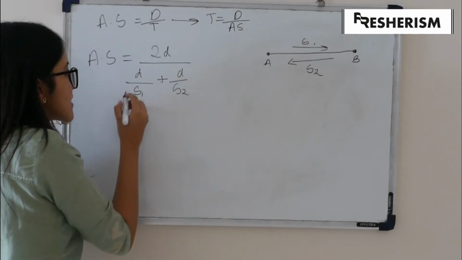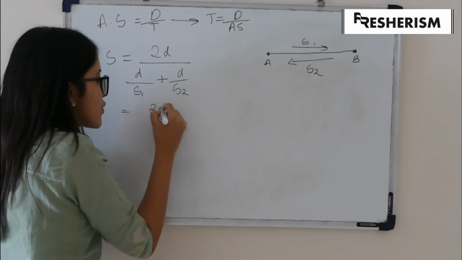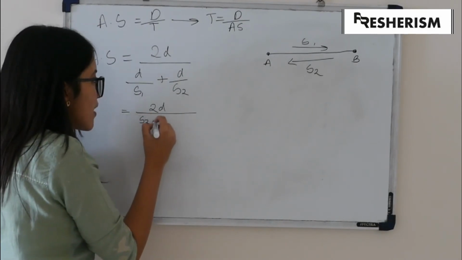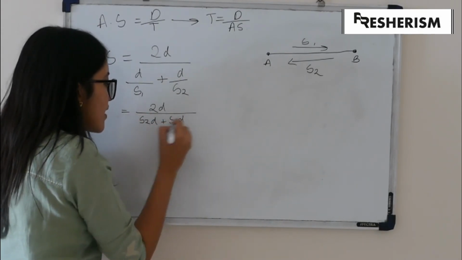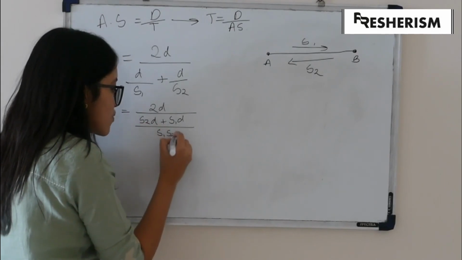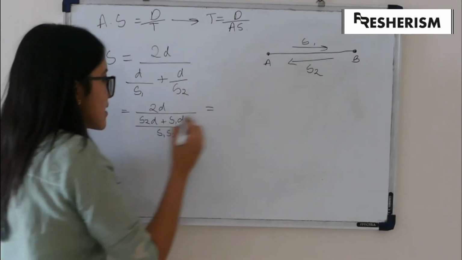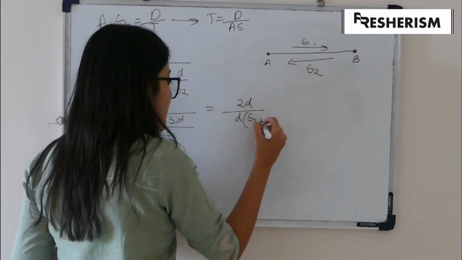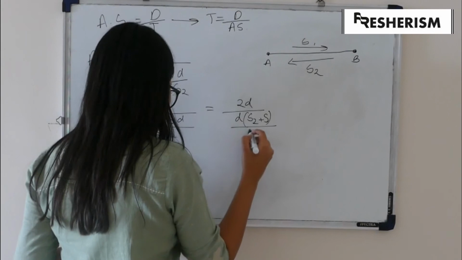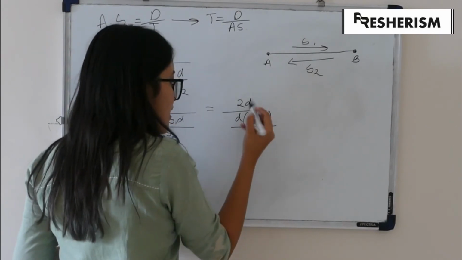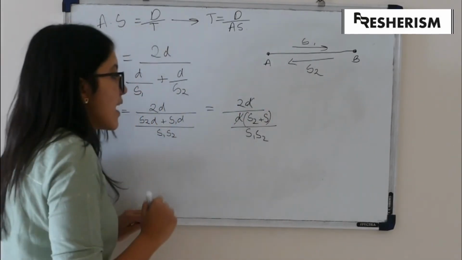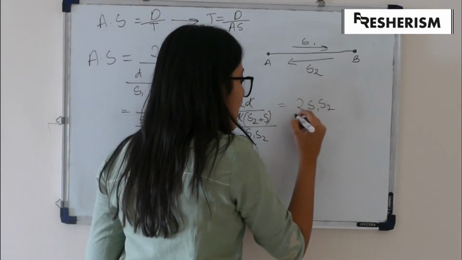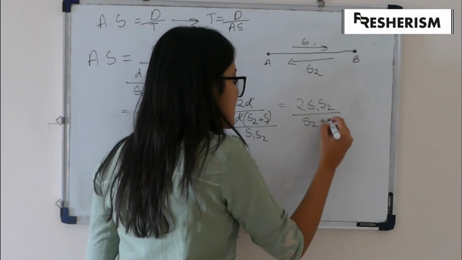On simplifying this equation, we will get 2d upon s2d plus s1d upon s1 s2, which gives us 2d upon d times (s2 plus s1) upon s1 s2. Therefore, d got cancelled and we are left with 2 s1 s2 upon s2 plus s1.